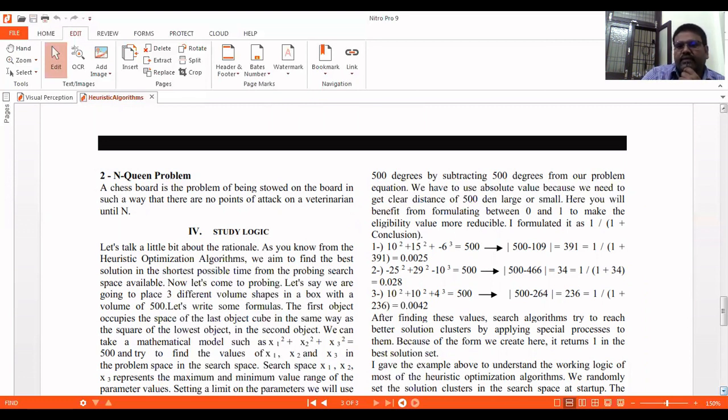Here it is beneficial to formulate the fitness between 0 and 1 to make the value more comparable.